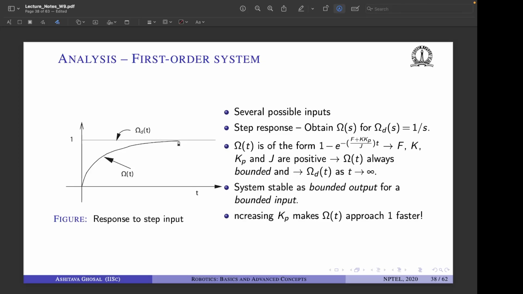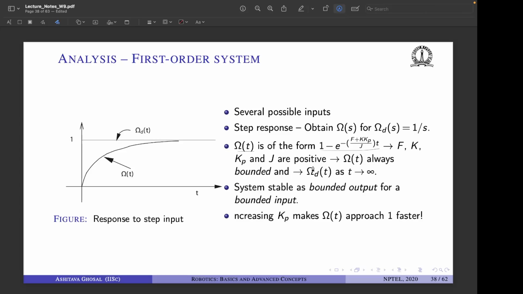And we see that this quantity evolves or grows in the form of this, right? 1 minus exponential of this. So as time grows, this term gets smaller and smaller, and the actual velocity also approaches 1.